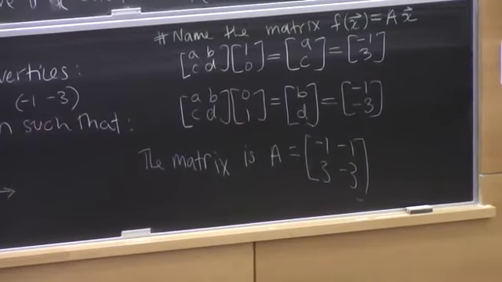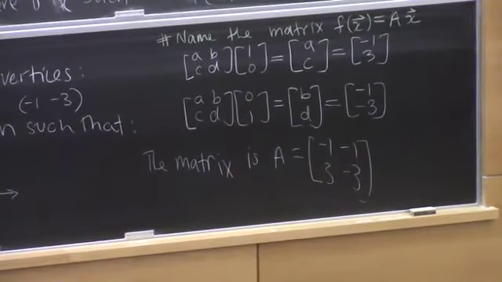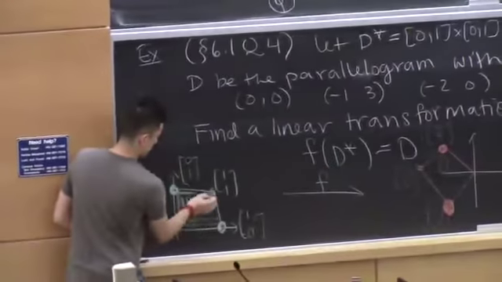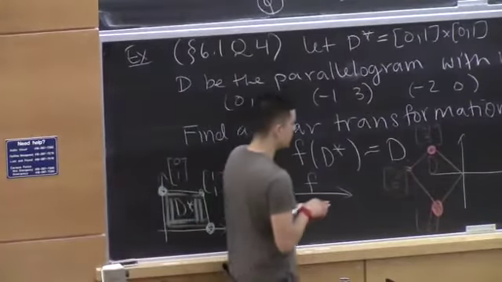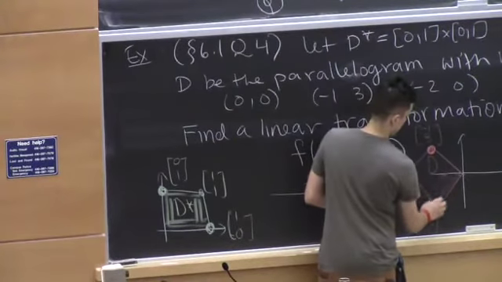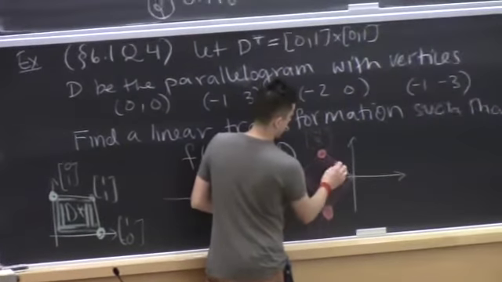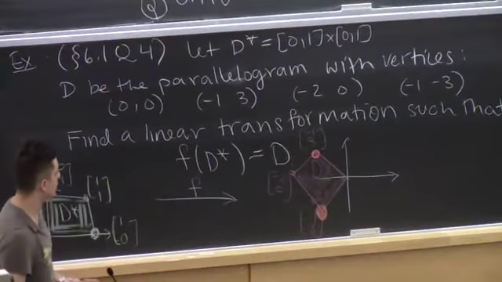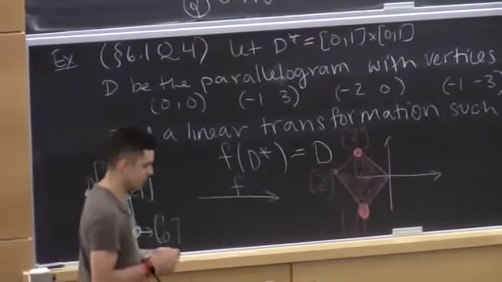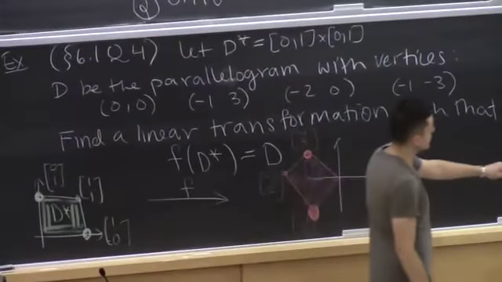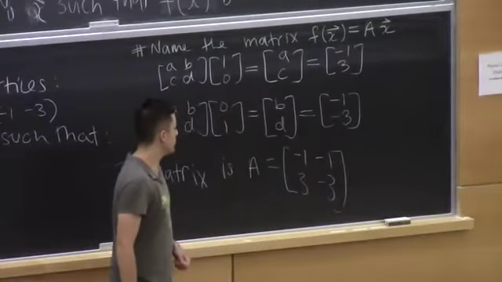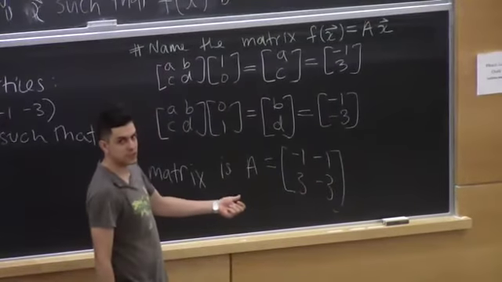Okay, so that is a linear transformation that'll take this green region here and transform it onto the red region there. Okay, very good. And if we check the determinant of this, we'll get the determinant is 6.